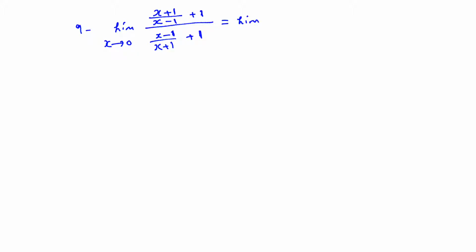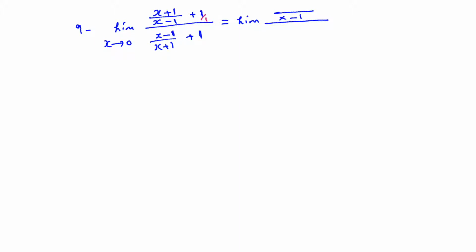We start with taking the common denominator in both numerator and the denominator. The common denominator on the numerator is x minus 1. x minus 1 is common denominator between the denominator of the first fraction, and 1 is the denominator of the second fraction.